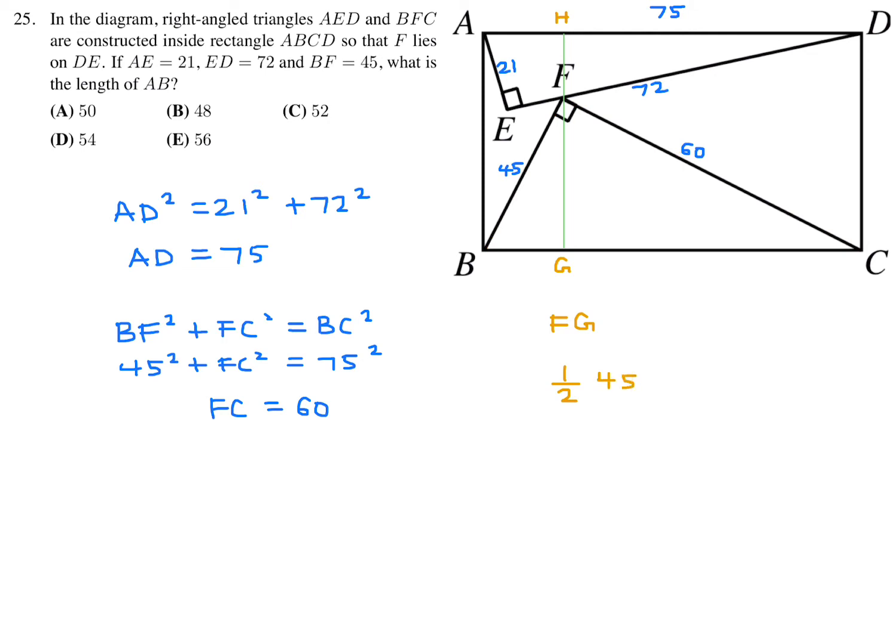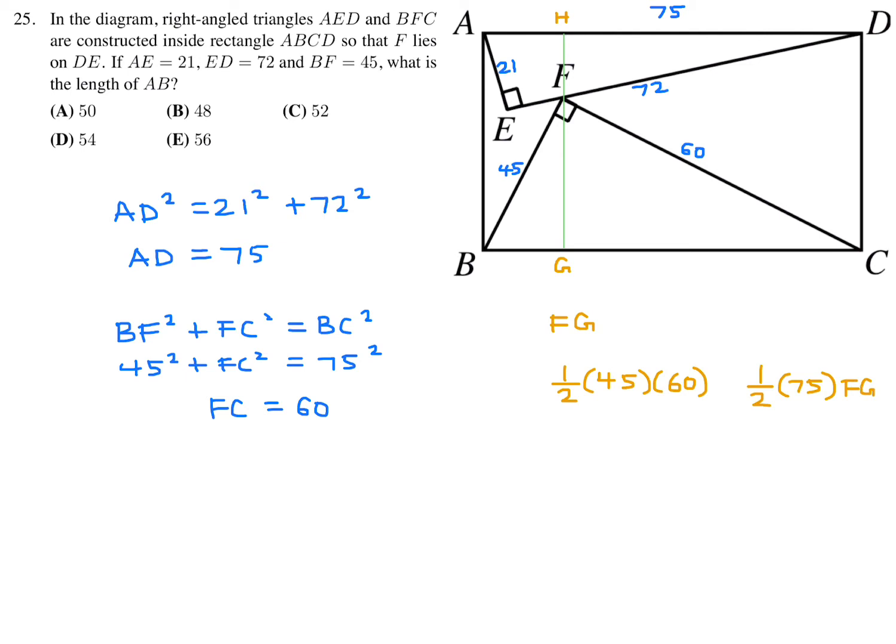So that's 1/2 times 45 times 60. And now another way is to use this as the base and this as the height, FG. So that would be 1/2 base, which is BC, and BC we know already is equal to 75, since that's a rectangle, and then our height is FG.